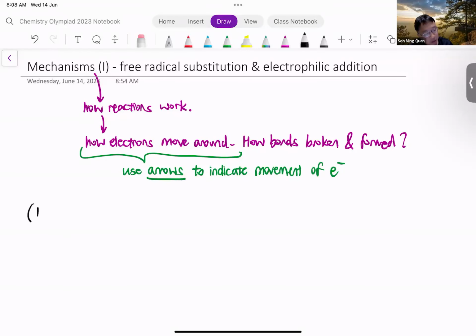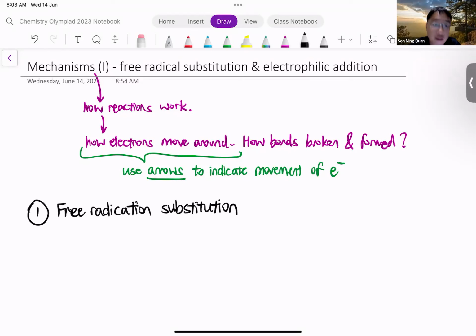Now we'll be starting our first mechanism, which is called free radical substitution. You have heard of the word substitution before. Substitution is a type of reaction that alkanes undergo.